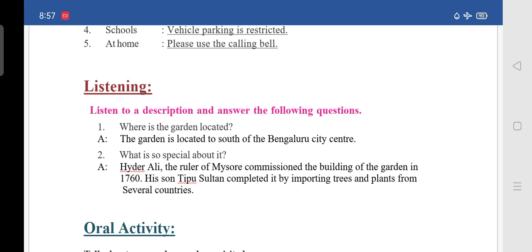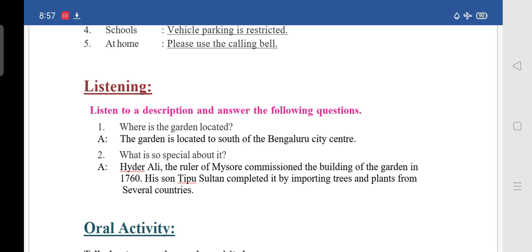It has almost all the species of roses available worldwide. Now we are at the giant electronic quartz flower clock built by HMT. In this garden, flower shows are conducted every year to educate people about different flora and help cultivate the habit of growing plants among the public. So, this is the description about Lal Bagh, and I think you have understood it.